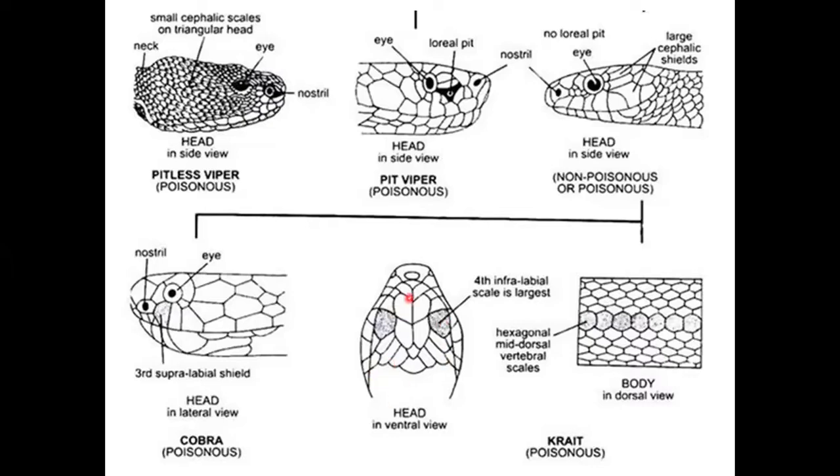When you observe from the ventral side of the head, the middle row of scales on the back, called vertebrals, may be larger than the others, like this. And when you observe the head from the ventral side, the lower jaw has a fourth infralabial scale.